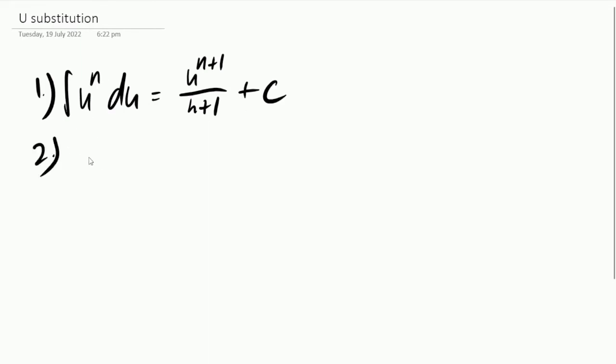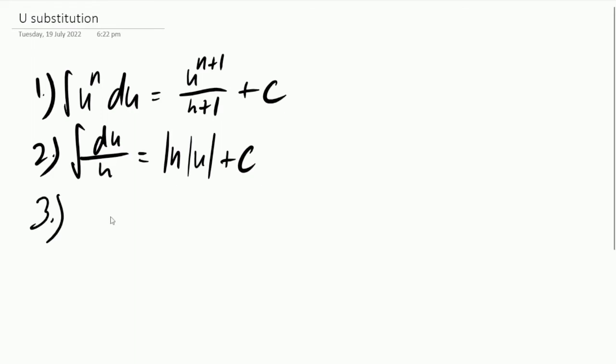Okay, next we have du over u. If you still remember your logarithmic integration, integration of logarithmic functions, this is equal to ln absolute value of u plus c. And next is Euler's constant e raised to u du. Now this is the same as exponential functions. It's just e raised to u plus c.